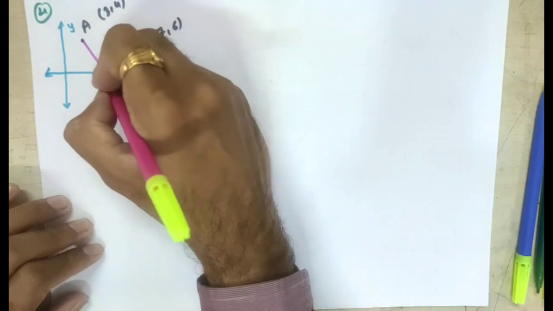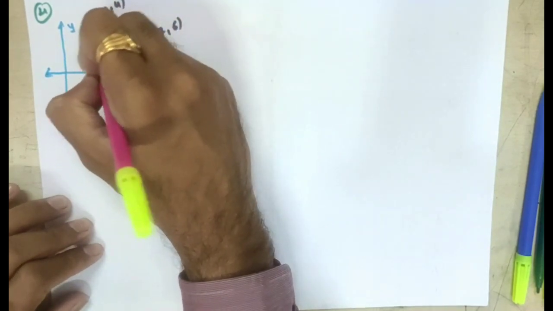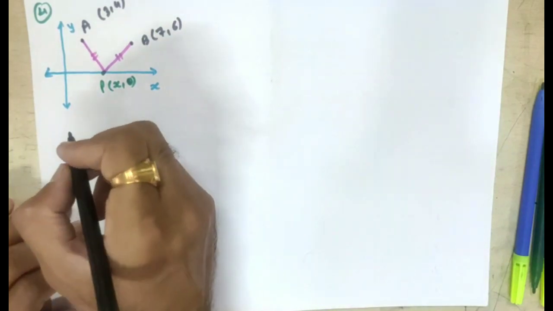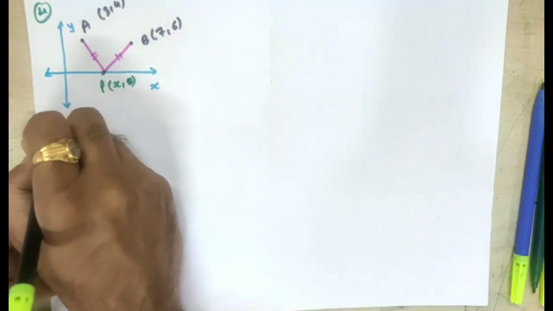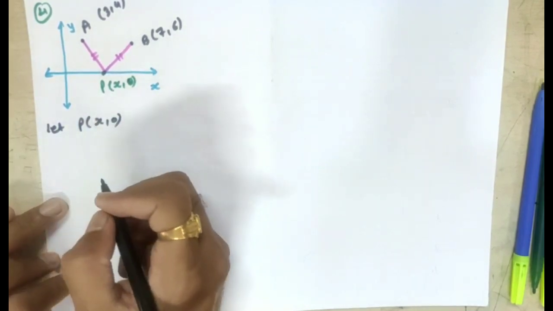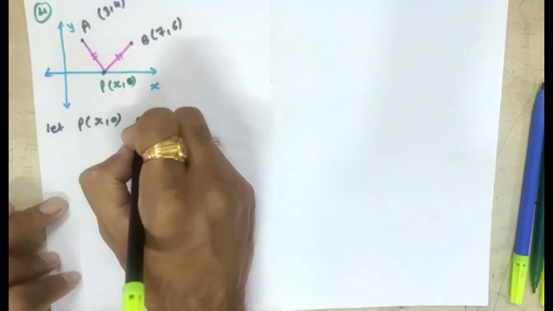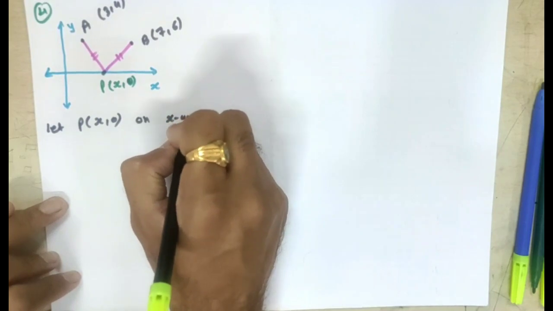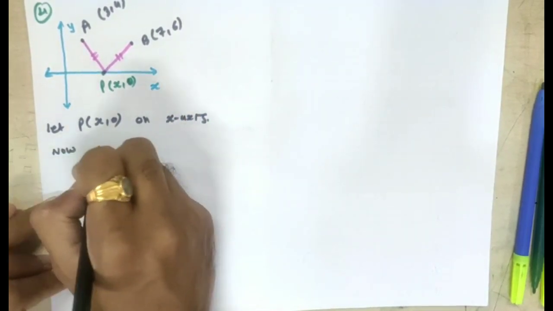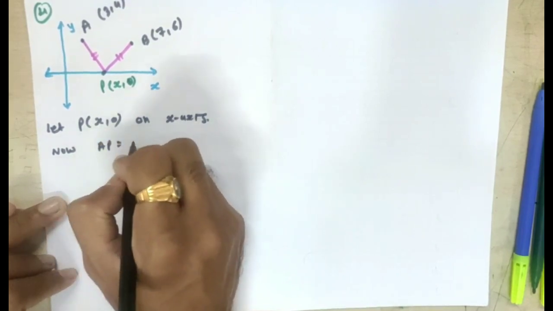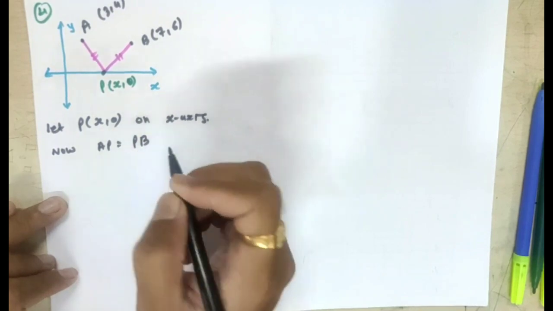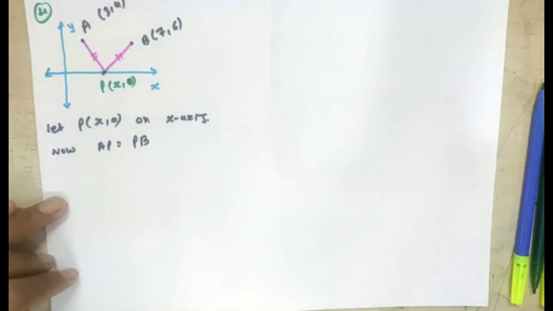So here we can write AP equal to PB. This is our assumption, point P whose coordinates are x0 lies on the x-axis. Now we are given that the distance of this point P from A and B is equal. AP equal to PB.